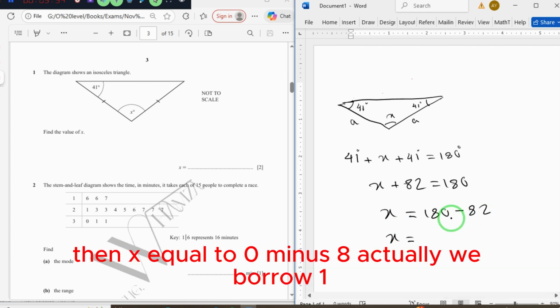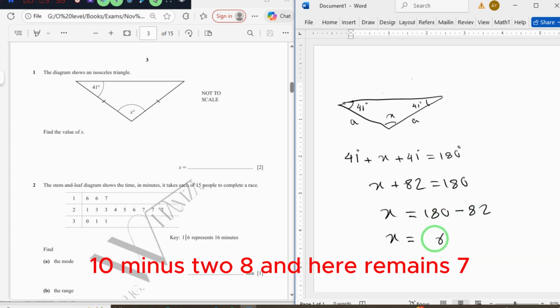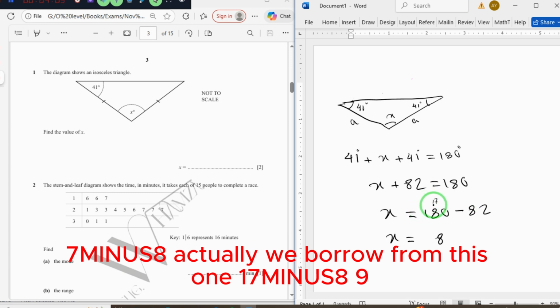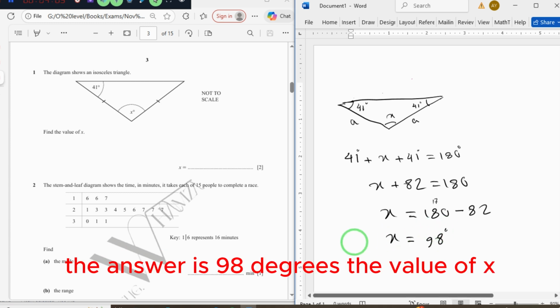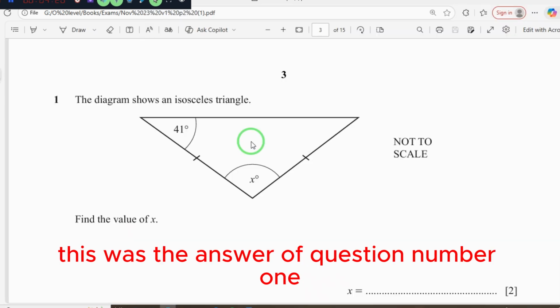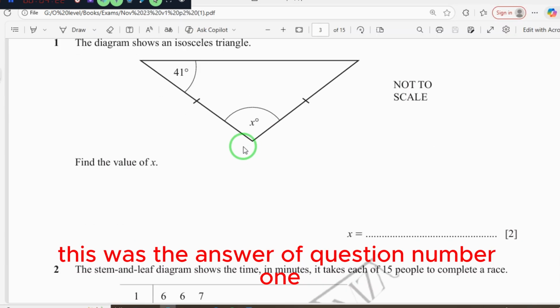We borrow 1, 10 minus 2 is 8, and 7 minus 8, borrowing again, 17 minus 8 is 9. The answer is 98 degrees, the value of x. This was the answer of question number 1.